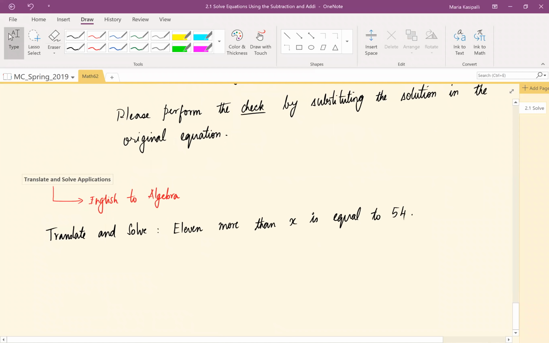In real life, nobody speaks like this. So it's usually like, this person is 11 years more than the other person, and that is equal to 54 years old, or something like that. So you don't really have very straightforward, explicit ones like this. This is just to help you understand that you can simply translate them word to word.